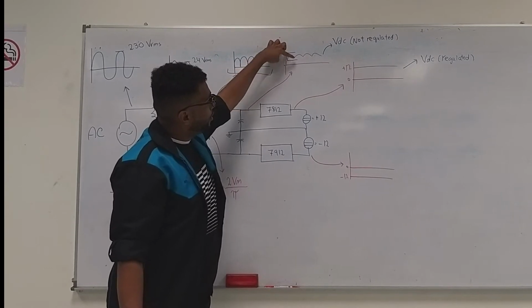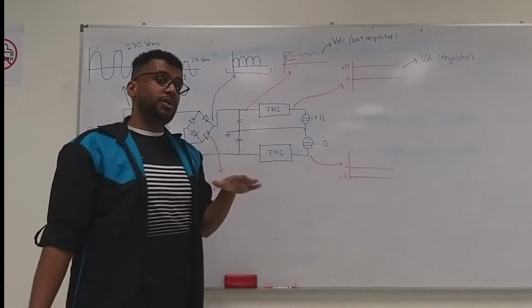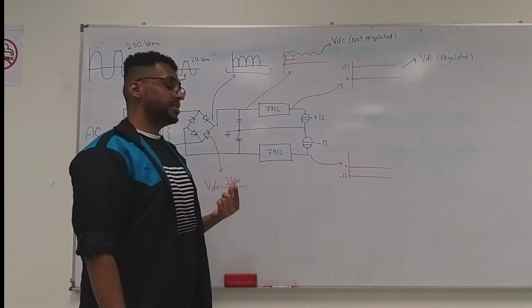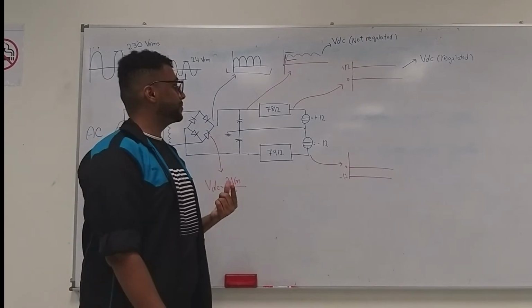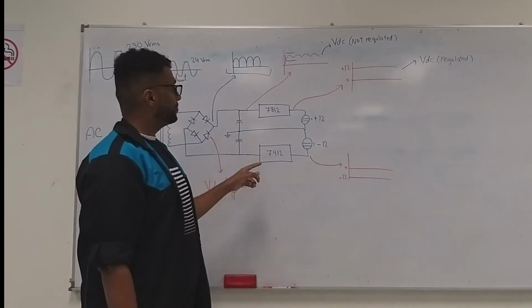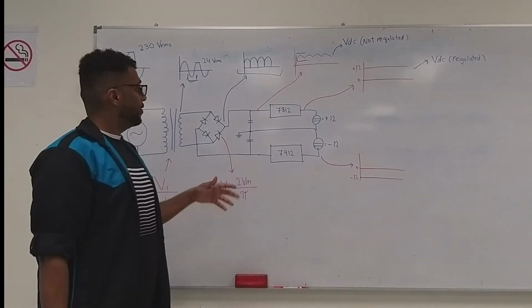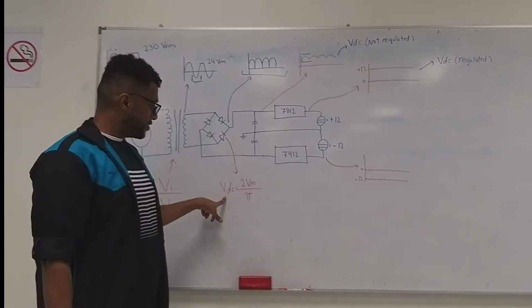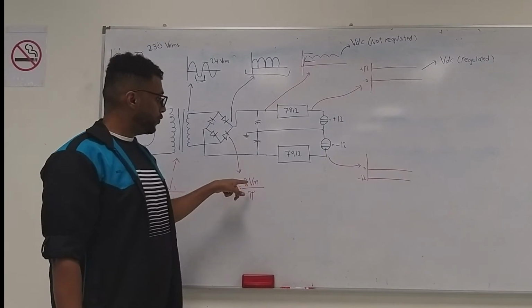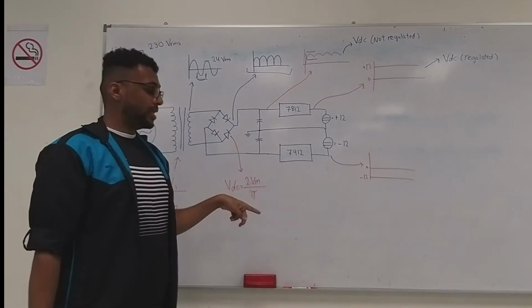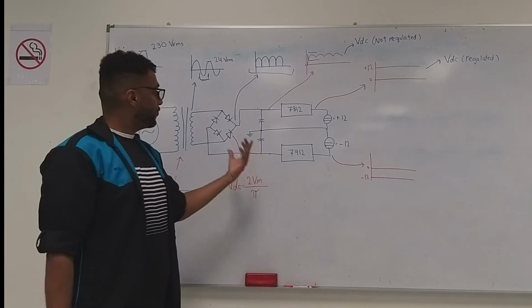In order to get rid of this ripple, we use the voltage regulator, this one and this one. Now to get the value for the VDC, for this part we use this formula, which is VDC equal to 2Vm over pi, where Vm is the one we get from the transformer.